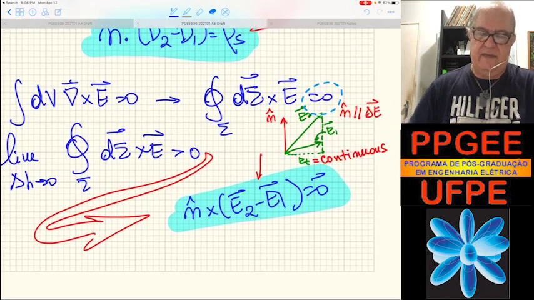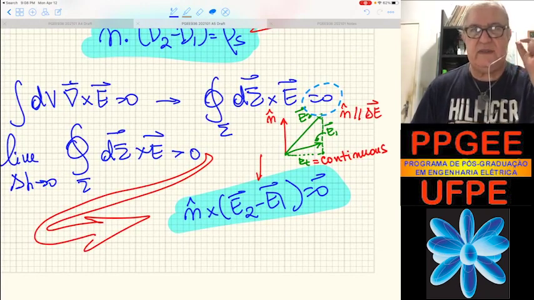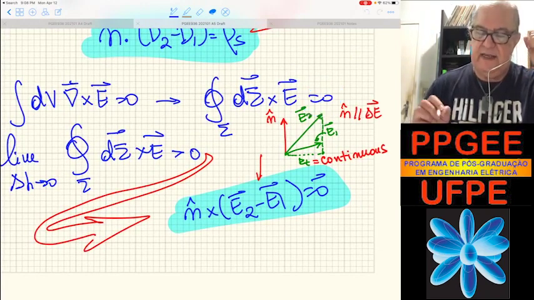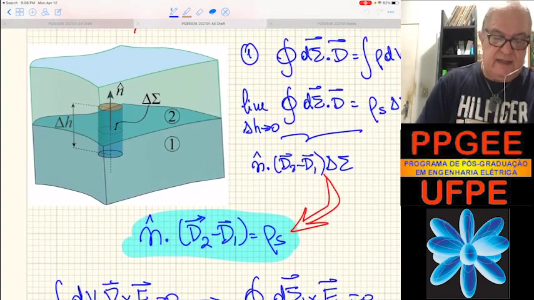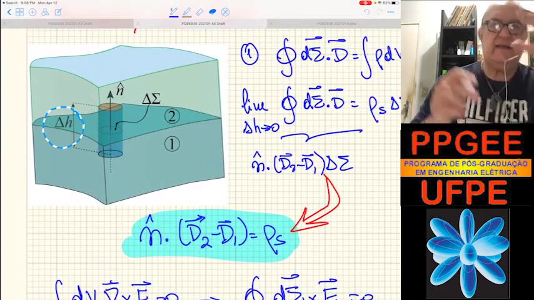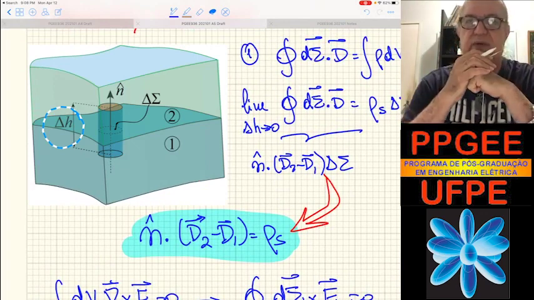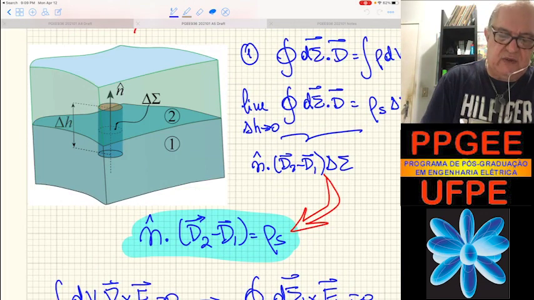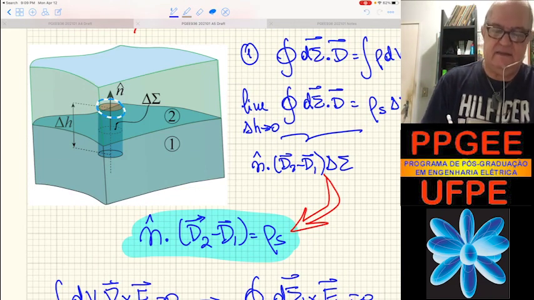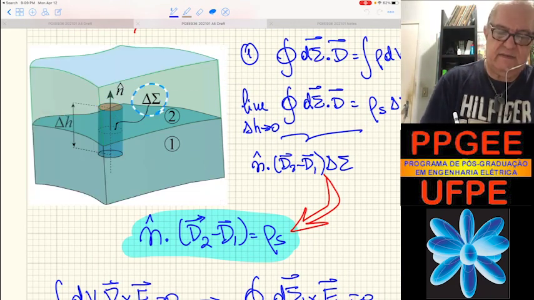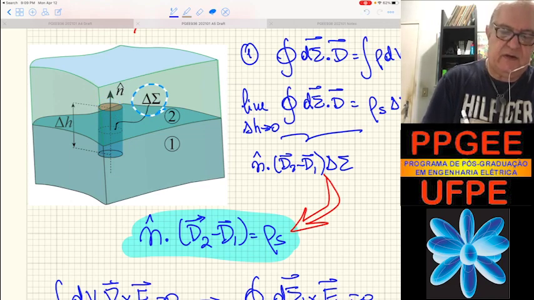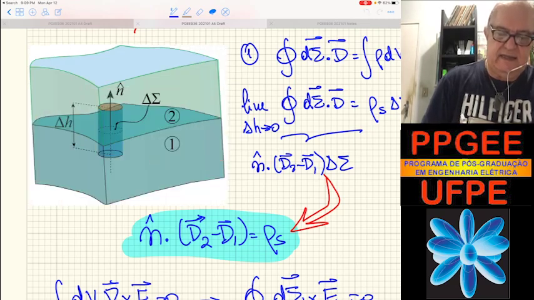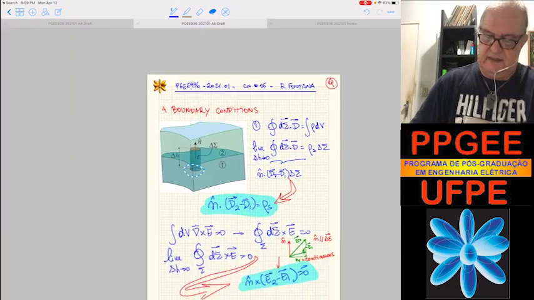Then we make also a small cylinder and calculate the integral on the surface. You see that again on the lateral surface, the contribution goes to 0 as the height goes to 0. So the only remaining contributions are those from the top disk, delta sigma times n cross E on the upper side, and the other contribution from the lower disk.